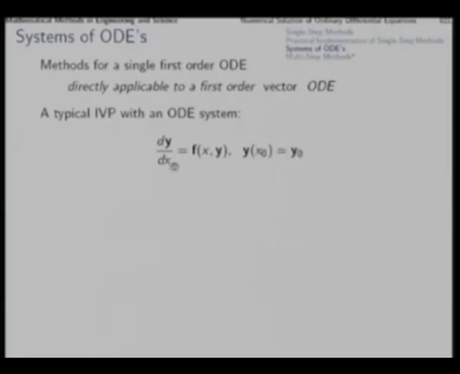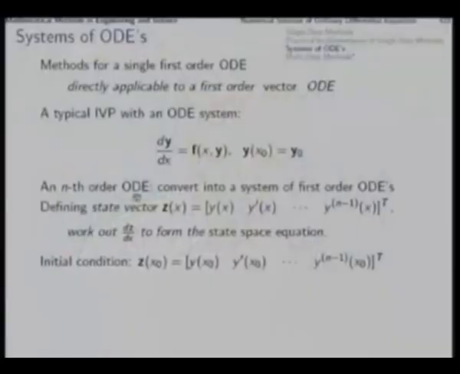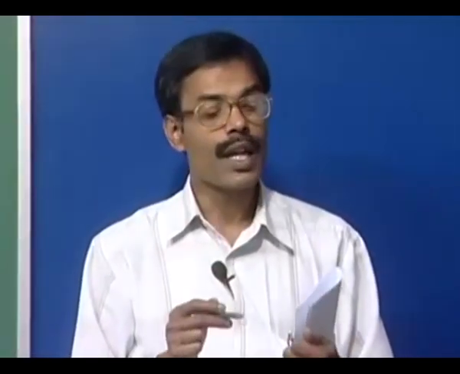So, this can be solved with the help of the same formulas, only with the change that y becomes a vector, while x remains scalar. However, if you have a higher order differential equation, then an nth order ordinary differential equation can always be converted into n first order ordinary differential equations. For that, the way is to develop the equations in the state space.